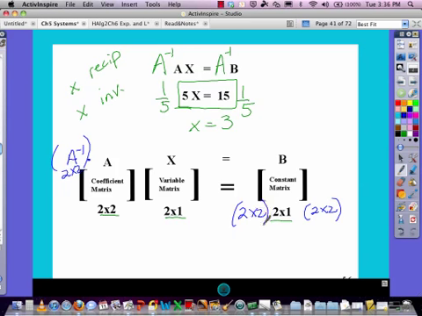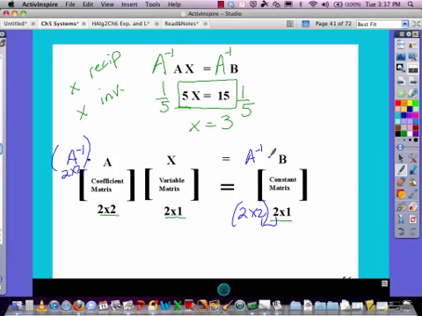The question is, does it go in front or does it go behind to be able to multiply with matrices? And as you've learned with matrices, the inner dimensions must match, and the only way the inner dimensions match is if the inverse matrix is in front. So we are going to have to put that inverse matrix, when we multiply by, in front of our constant matrix. Okay, we've got it.